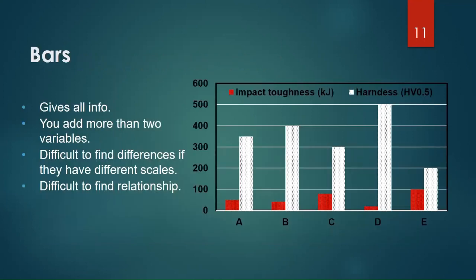Bar charts. Well, they give all the info. For example, here you have samples A, B, C, D, E, and you see the size of the sample, hardness value, and the impact toughness. And you can have this type of bar, with two variables now in this chart. Well, you cannot see the differences very well, actually.